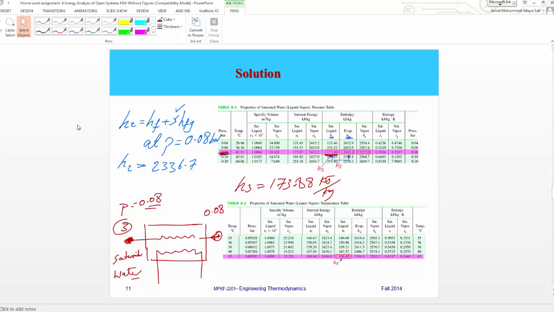I know it's water still liquid, and it's at 45 degrees. So I go to the same table, and then I can read H4. So H4 is actually HF at T equals 45 centigrade, and that's going to give you 188.45 kilojoule per kilogram.